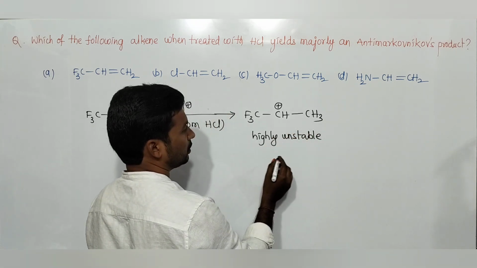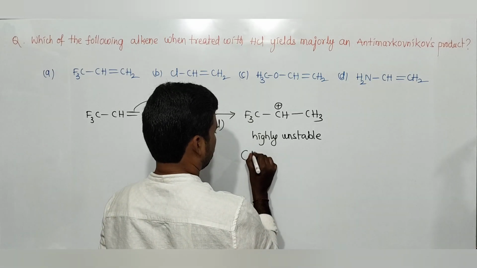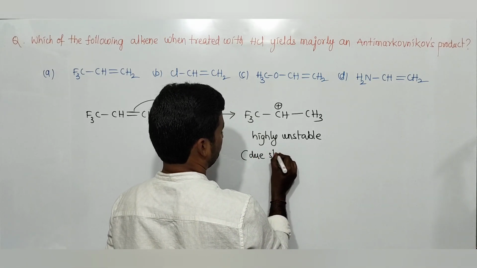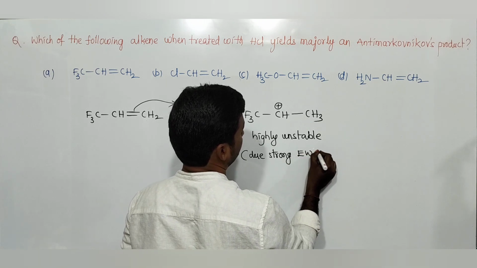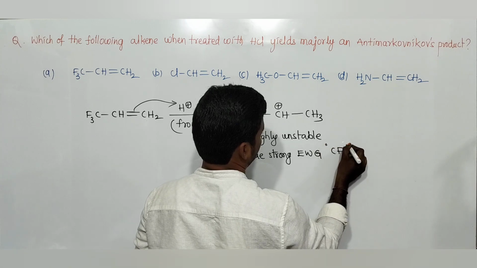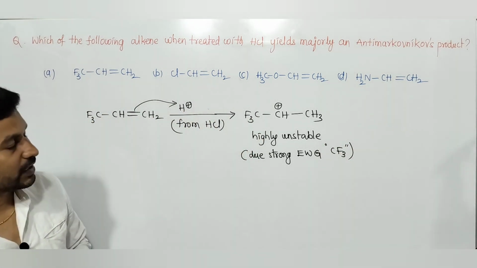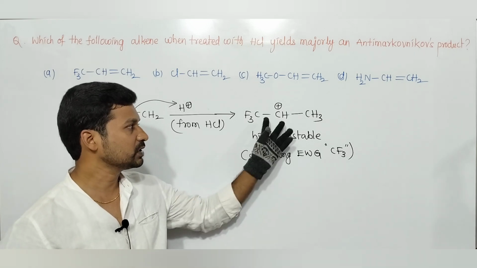It is unstable because plus I groups are destabilized by the strong electron withdrawing group, CF3. Electron withdrawing groups destabilize carbocation, and CF3 is a very strong electron withdrawing group, so it destabilizes highly.